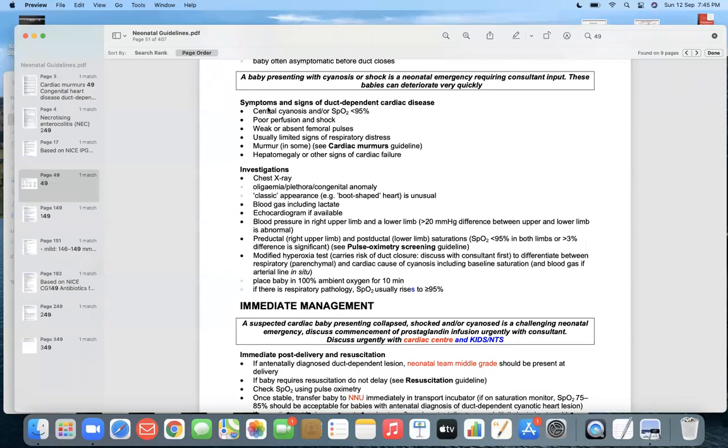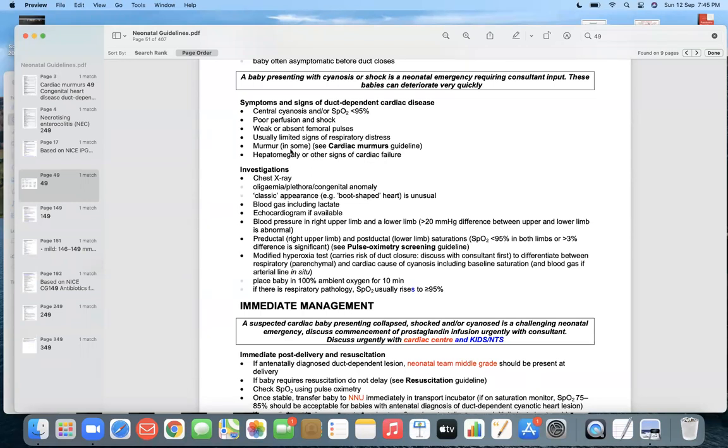So in the cyanotic baby, there will be central cyanosis and limited signs of respiratory distress. Hepatomegaly and other signs of cardiac failure can be there, and a murmur if you can hear.